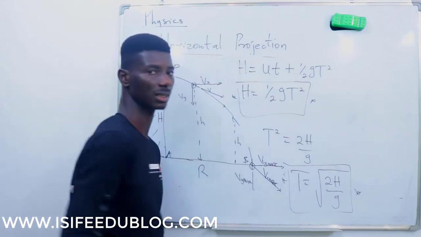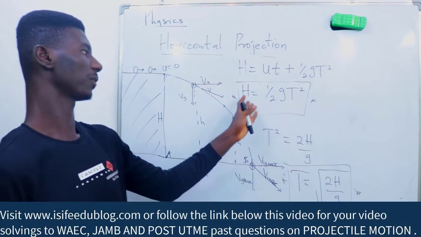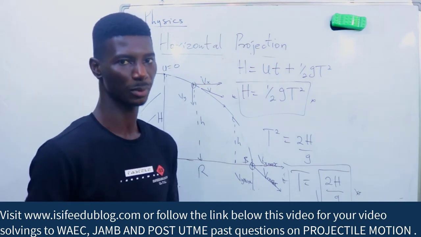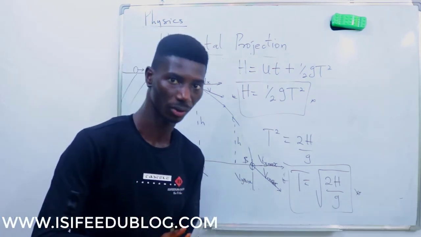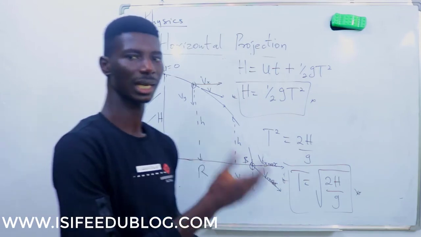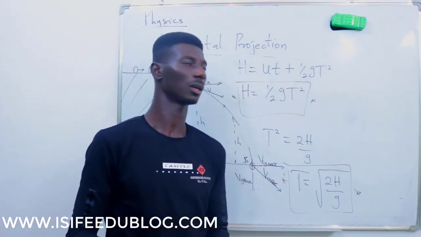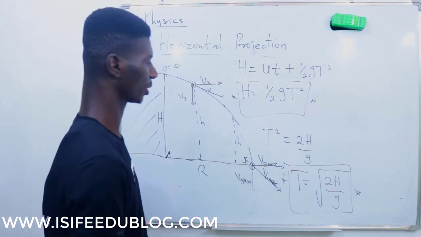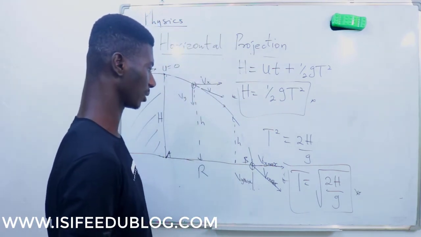It's as easy as that. That is what makes horizontal projection the easiest projectile to ask you in the hall. But other concepts of the velocities are normally asked during your WAEC, so note them in case they ask you that in the hall.